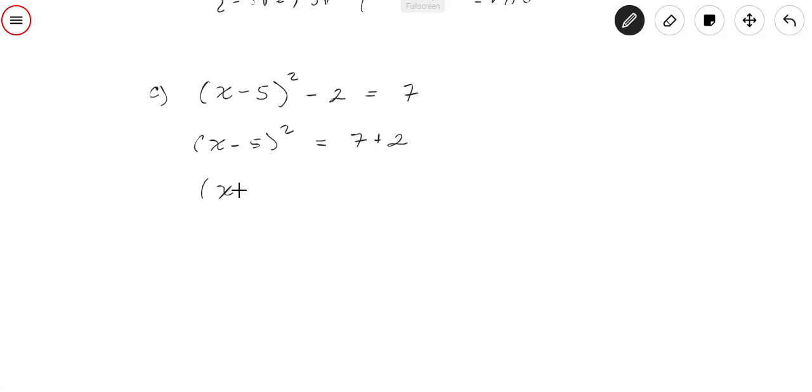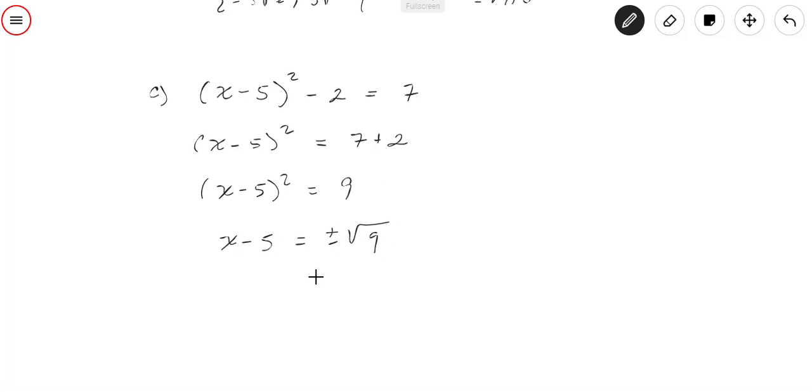So x minus 5 squared equals 9. And I already got here the square of a binomial, the binomial x minus 5, two terms, equal a number. So I am ready to apply the square root. So I say x minus 5 equals plus or minus the square root of 9.